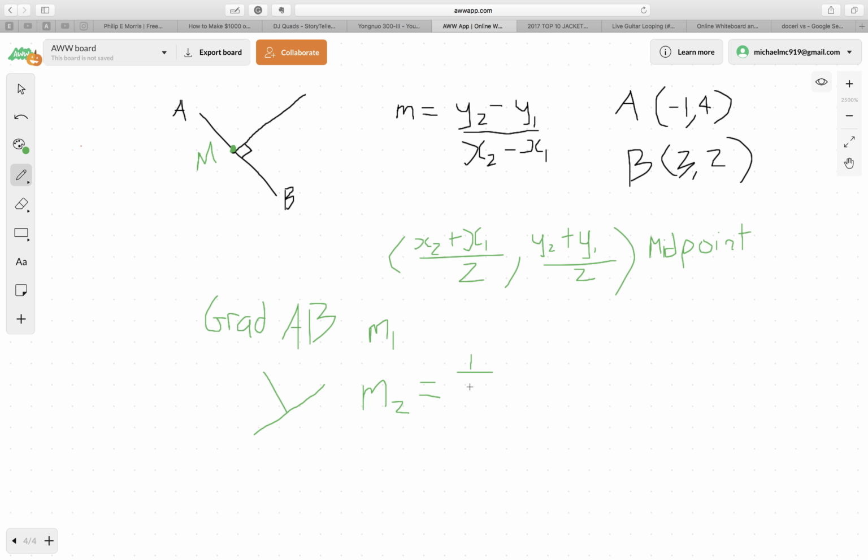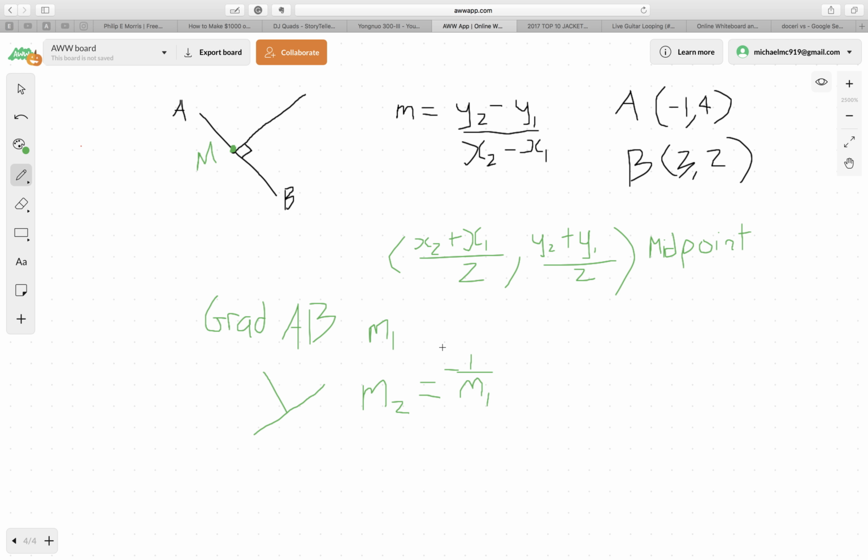So a reciprocal is the inversion of whatever it is you're looking for. So the inverse of m1, or 1 over m1, this is the inverse here, and then it's the negative reciprocal, as I mentioned before. So that's how you find the gradient of the perpendicular line to AB, right?